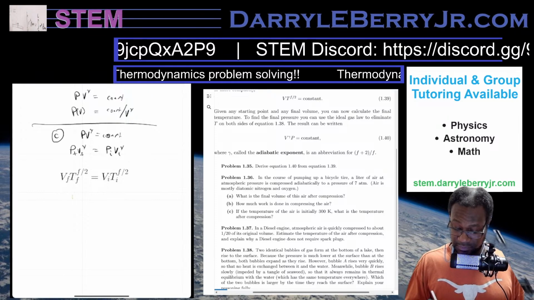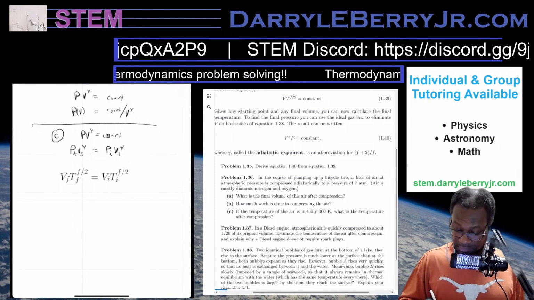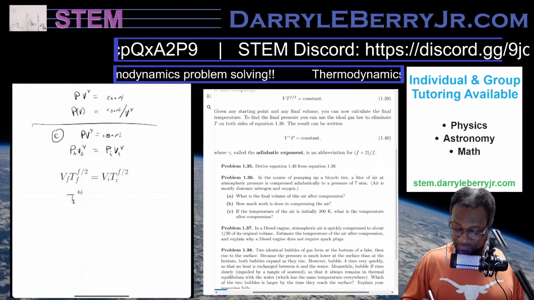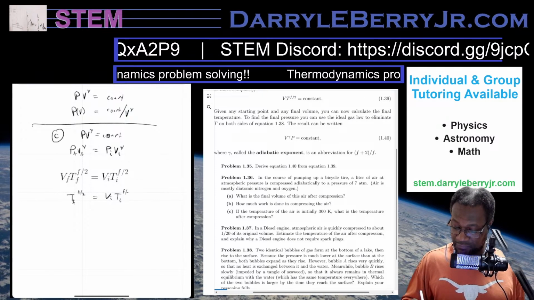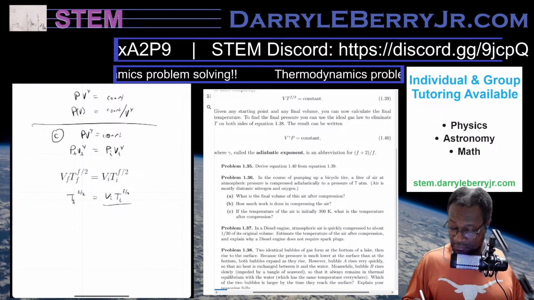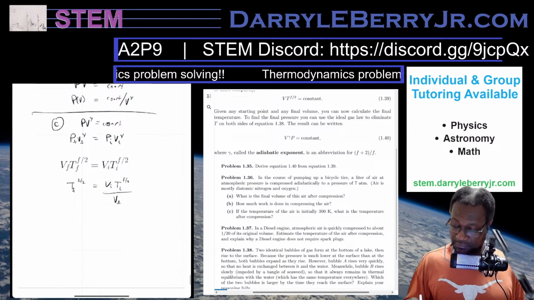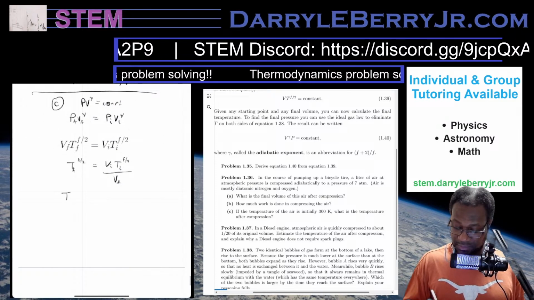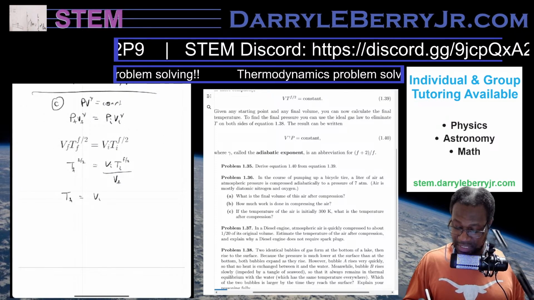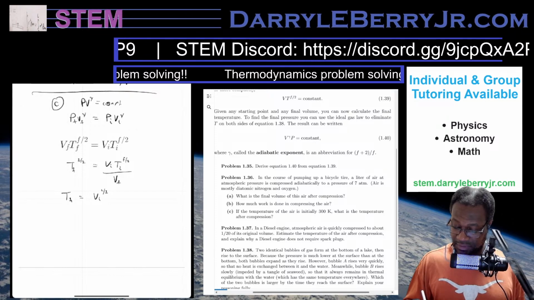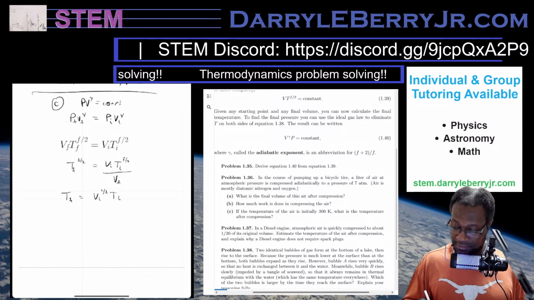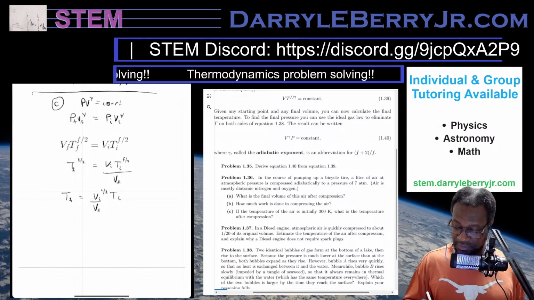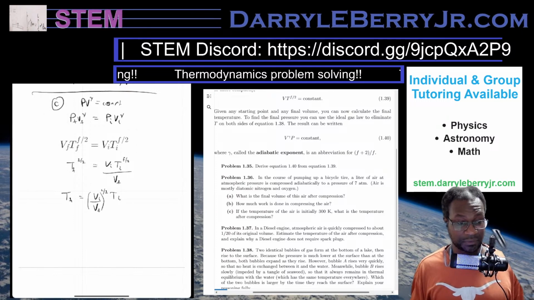We just solve for TF f over 2 equals VI TI f over 2 over VF. So TF equals VI 2 over f TI over VF, also 2 over f.